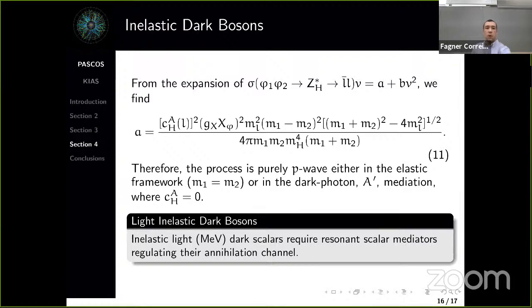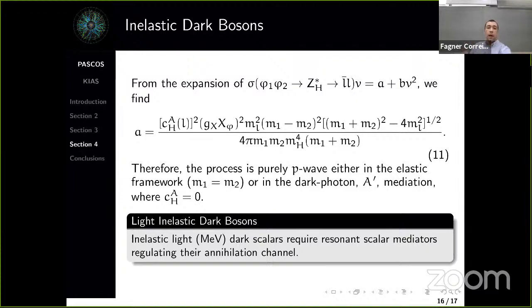Just to conclude, a small comment about dark matter. Inelastic scalars have been a topic of discussion in the community recently, and what about the assumption that these dark scalars are dark matter or not?